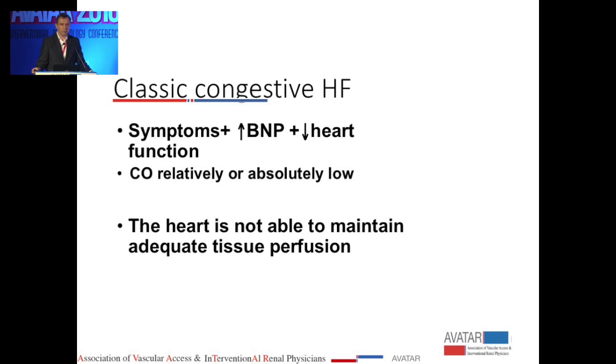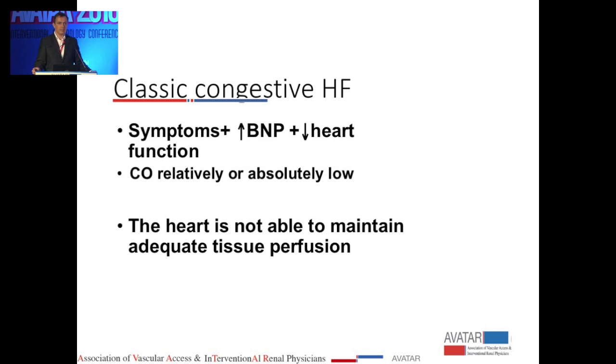The classic or congestive heart failure we know from the general population, where it could be based on coronary artery disease, valvular heart disease, and so on, also occurs in end-stage renal disease patients. It is characterized by symptoms, high BNP, and inadequately low heart function or cardiac output.